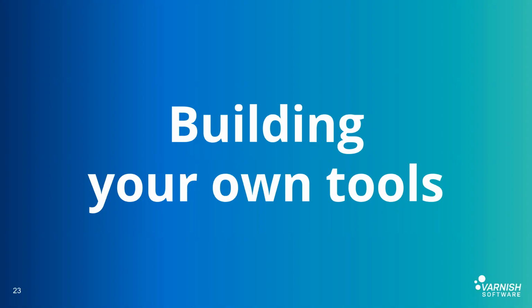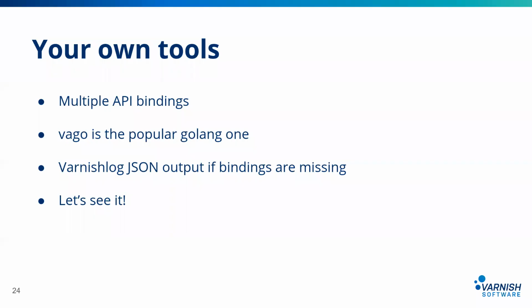A lot of the collectors are basically made for the way varnishncsa works. But if you want more speed, more power, and you want to build your own stuff, it's super easy to do. And here I want to showcase the Varnish Go bindings that you can find on GitHub.